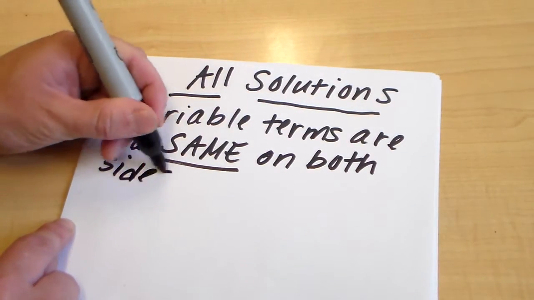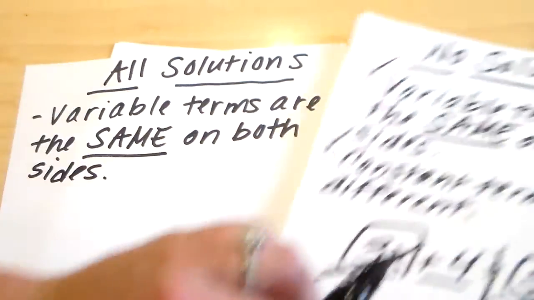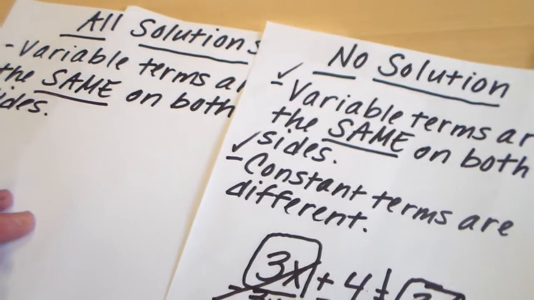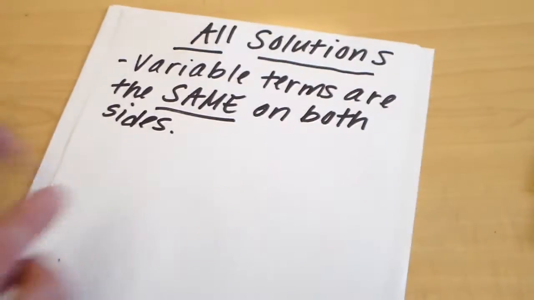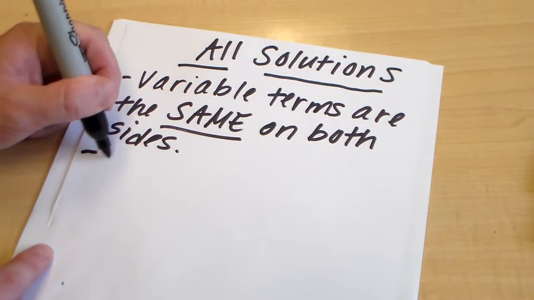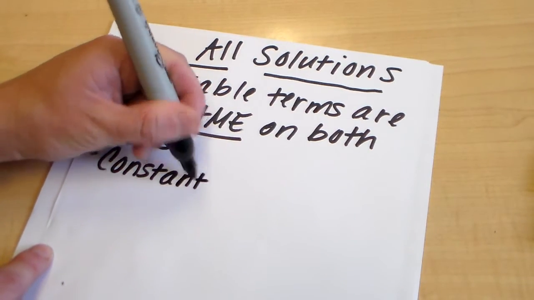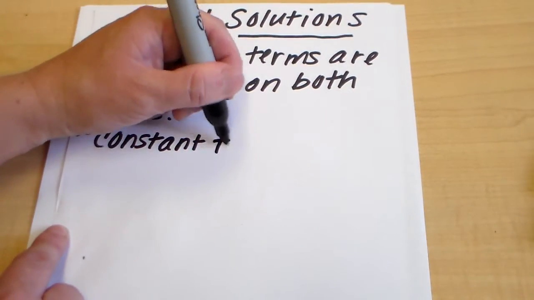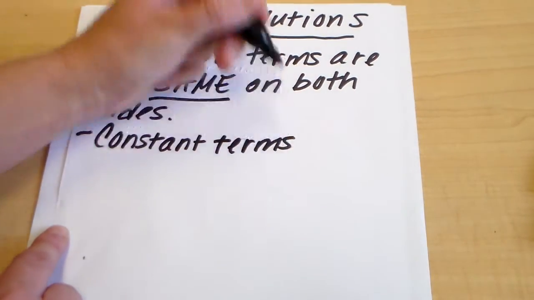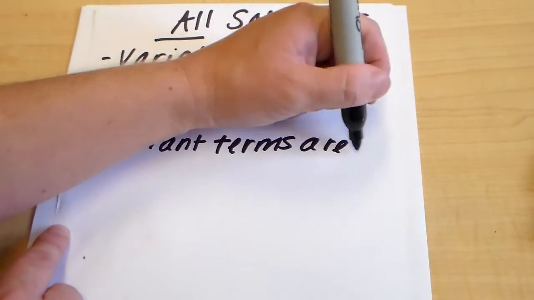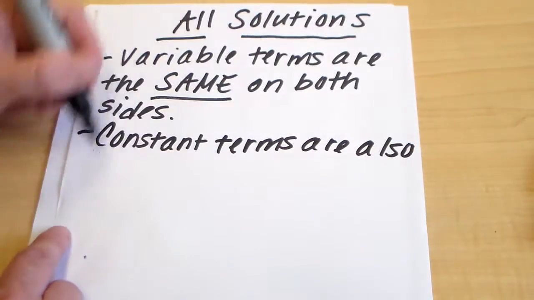Okay, so that is pretty much the same as this so far, right? They look the same. But next, constant terms are also the same.